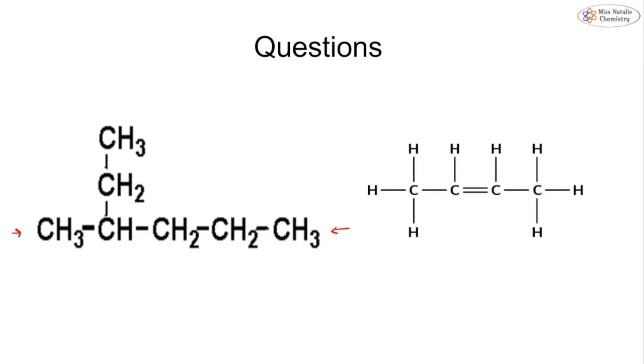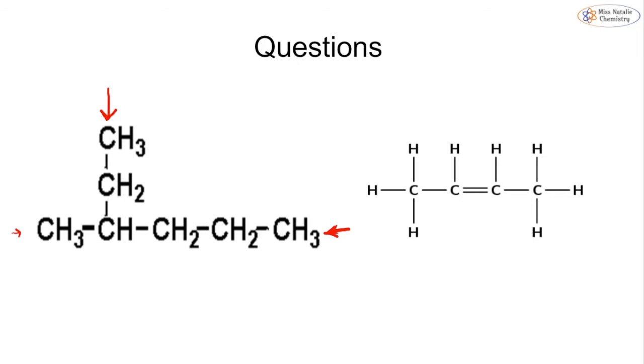But actually, what we can do is we can go from here again and then count to here, and what I find is I actually now have 6 carbons. So my longest continuous chain is not the one that is horizontally across, it's actually going horizontal and then twisting and going vertical. Be aware that this is a possible trick question. They want to make sure that you understand that you have to count the longest continuous number of carbons.